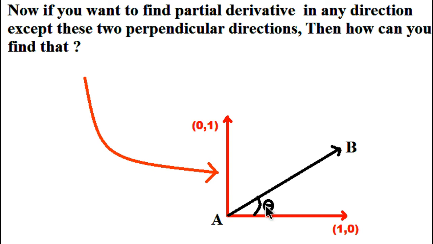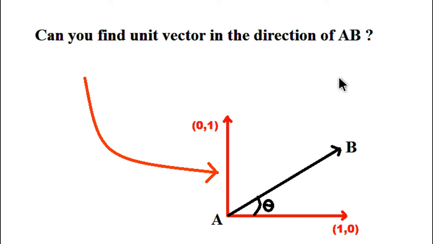Suppose this angle is theta. We need a unit vector in the direction AB, because when we find the partial derivative with respect to x or with respect to y, then we need the unit vectors (0, 1) or (1, 0). Now we are going to find the derivative along the direction AB, therefore we need some unit vector in the direction AB. So what is that?